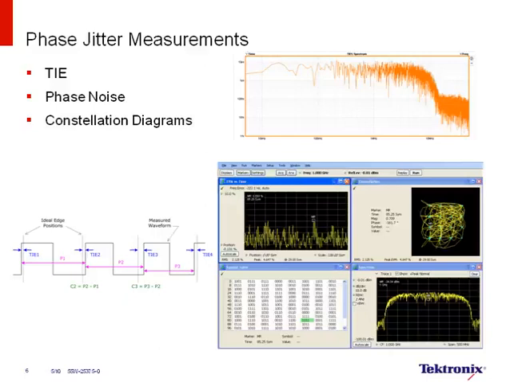The TIE and phase noise measurements are related, and one difference between the two is that you can view the trajectory or time trend of TIE versus time. Another way to view phase jitter is through the use of a constellation diagram, where phase offset and phase noise appear as a spreading of the constellation points.